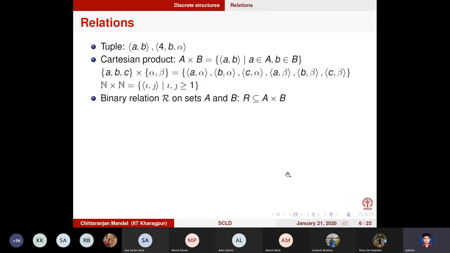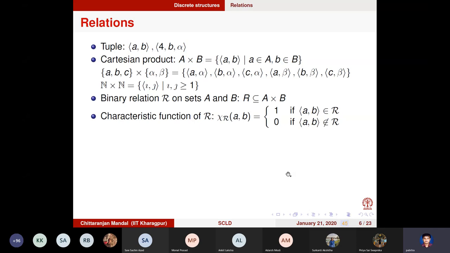Sometimes you can define the relation as an indicator function or a characteristic function over the Cartesian product set. That means I have a function which gives a value 1. If you take any element of the Cartesian product, any ordered pair belonging to it, this function produces a value 1 or a 0.